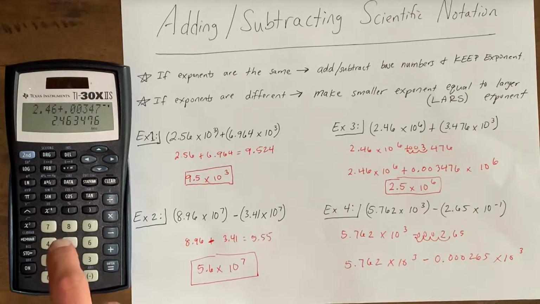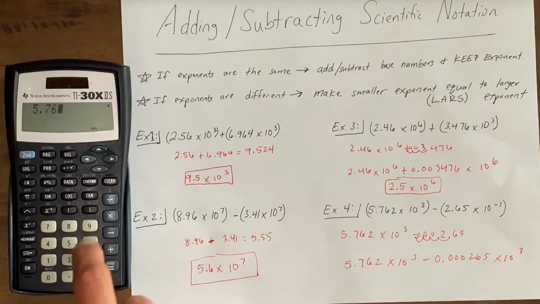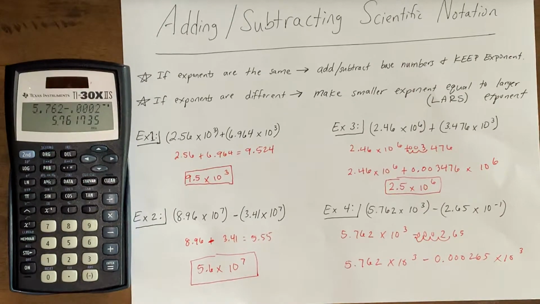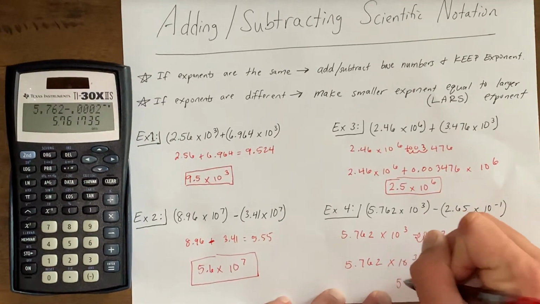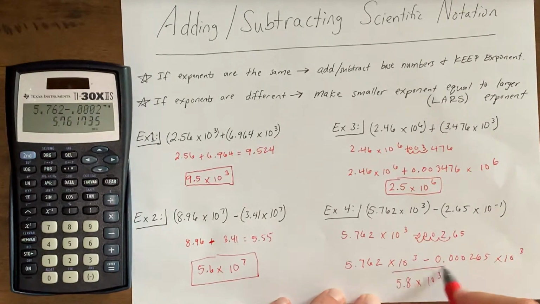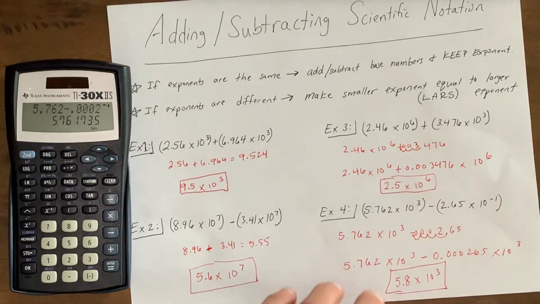Now I subtract, 5.762 minus 0.000265, and I get 5.761735. I can round to the nearest tenth if I want, 5.8 times 10 to the third. That is my final answer.